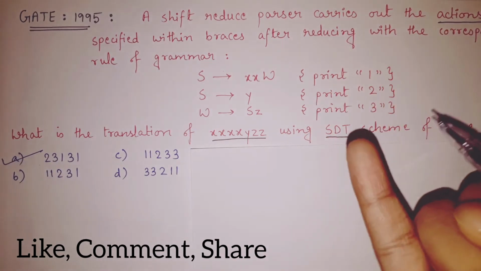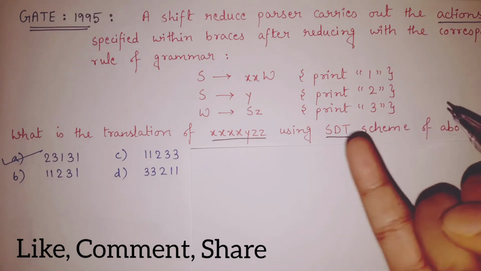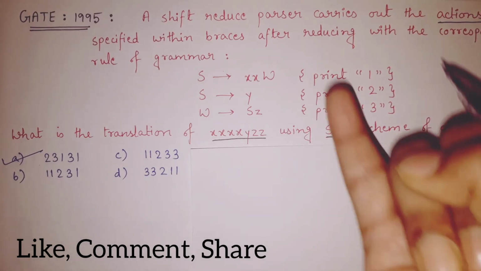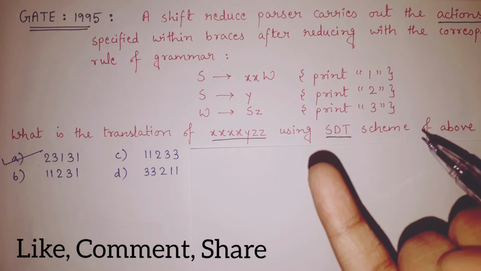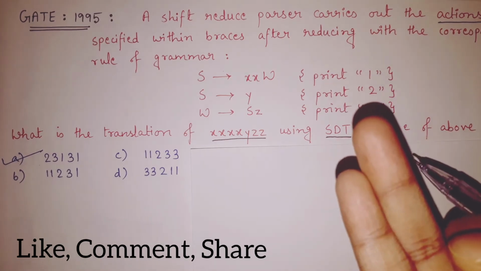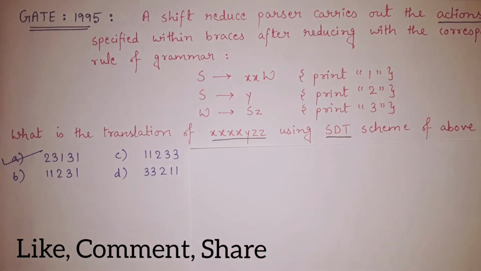The very first step is to make the parse tree. Whatever grammar is given to you, with the help of this CFG you have to construct the parse tree. The second step is to parse the parse tree from left to right and top to bottom.